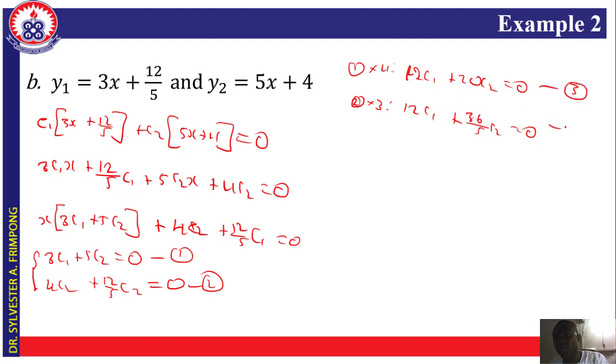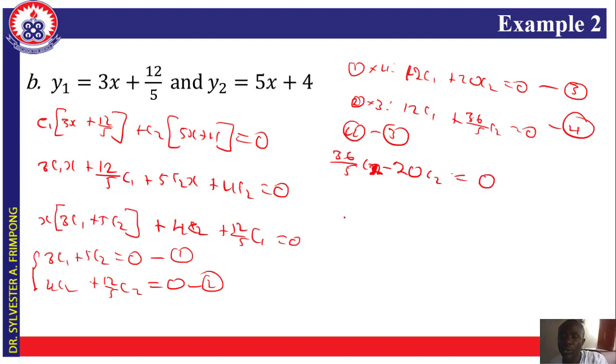Now I'm subtracting according to equation 3 and equation 4. So if you subtract 3 from 4, you're going to get 36 over 5 c2 minus 20c2, and the c1 terms cancel to give 0.